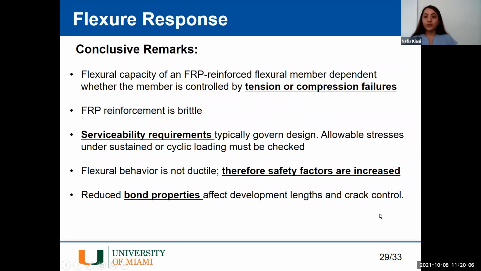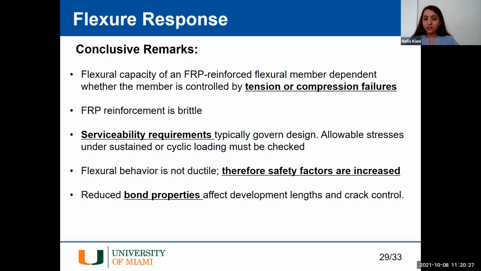So as a conclusion, for the concrete structure that is using the FRP bars instead of the steel bars, the flexure capacity of an FRP member depends on whether the member is controlled by the tension or compression failure. The FRP reinforcement is brittle.